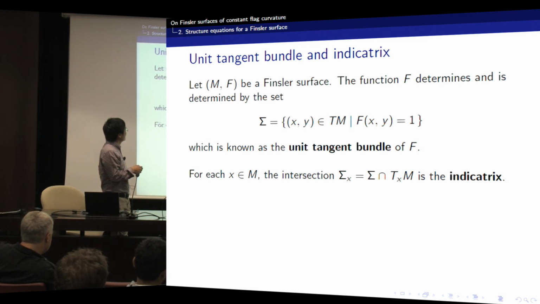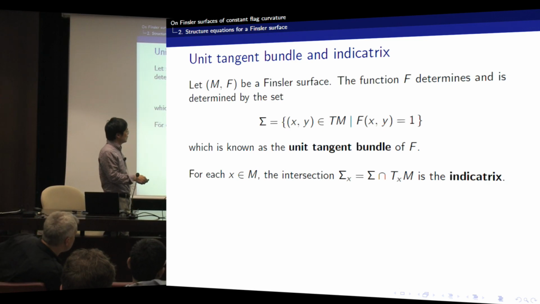Sigma is the set of (x,y) belonging to the tangent bundle, x a point, y a tangent vector, such that F(x,y) equals 1. This is known as the unit tangent bundle, because F(x,y) equals 1. For each x belonging to M, the intersection sigma_x equals sigma intersect T_xM, the tangent space. We call this one the indicatrix.